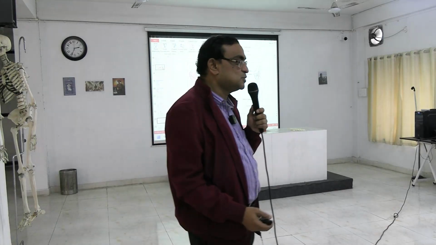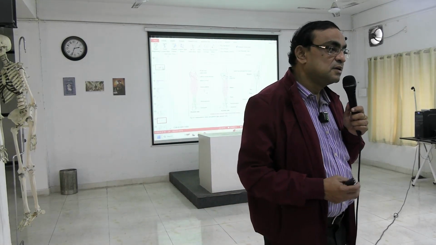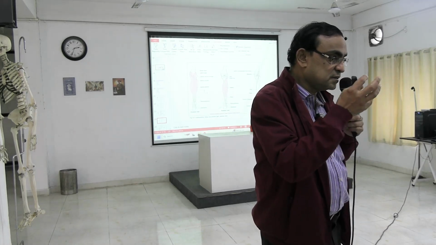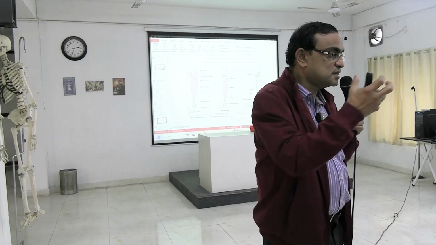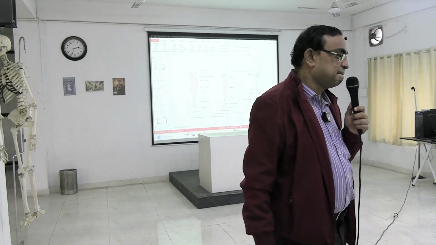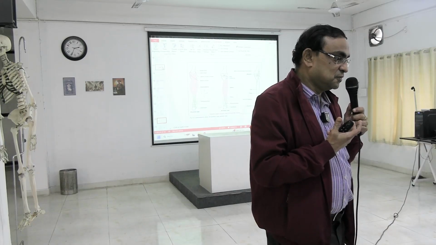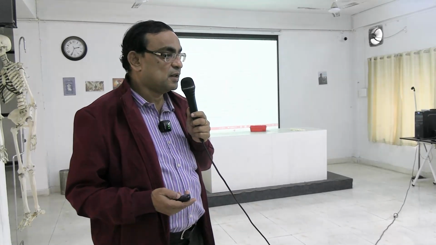So when this soleus muscle contracts, what happens? The blood from superficial veins enters into the deep vein. So it acts as a pump. The pump in our body is called the heart, so the soleus is also called the peripheral heart.